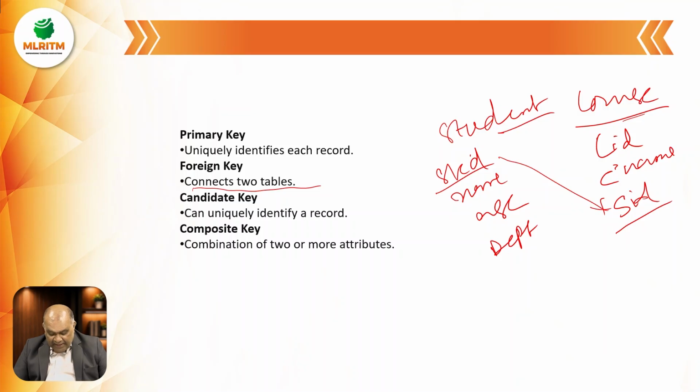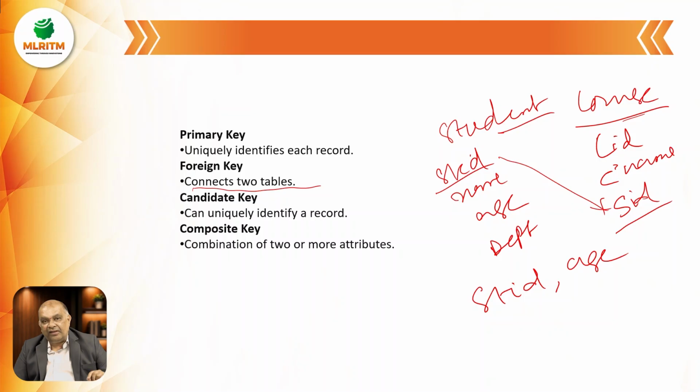Next one is the candidate key. It can uniquely identify a record. In the student table, I can have a key like student ID, comma, age. It is defined in the same table, not in another table. So in the student table, I can have a combination of candidate keys.